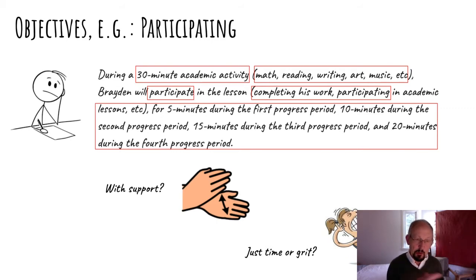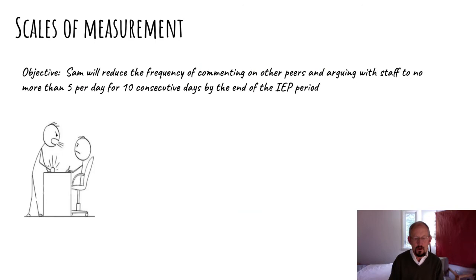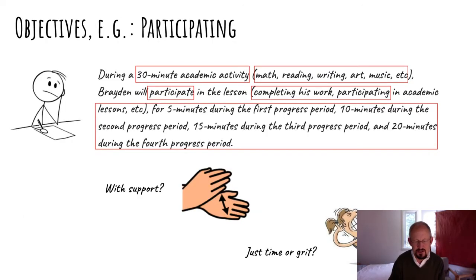Is it just cumulative amount of time, or is it something like grittiness or effort that he puts into what's going on? Okay, so before I go back to this, just to finish this off, we want to spell out again, is it percentage of time? Is it grit? Is it with support? Is it not? We also want to be clearer about what counts as participation.